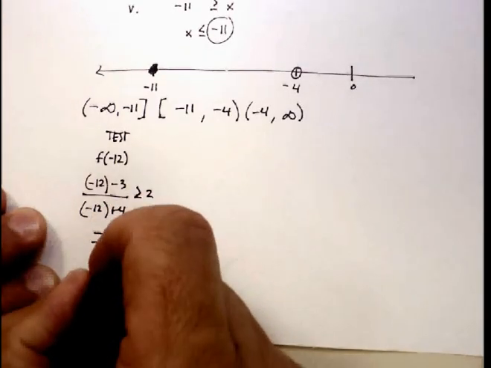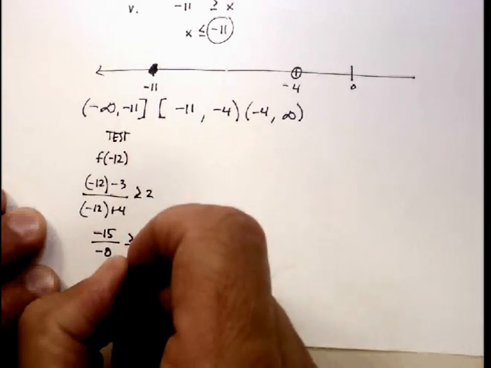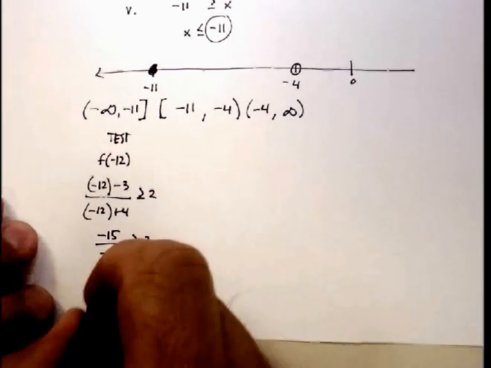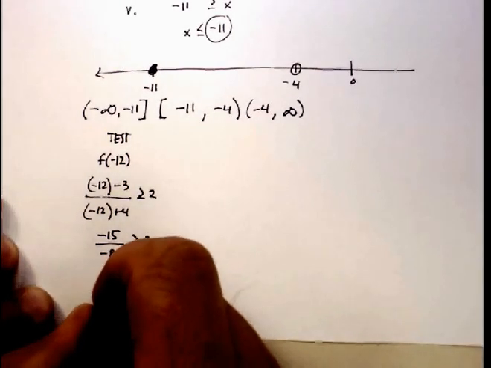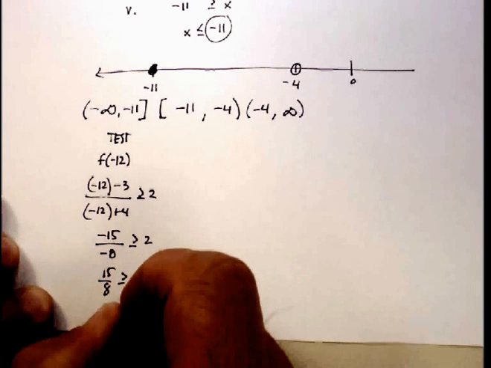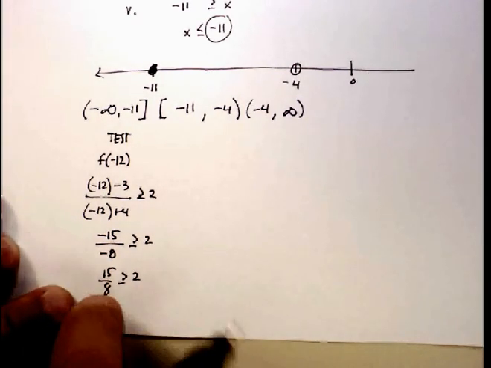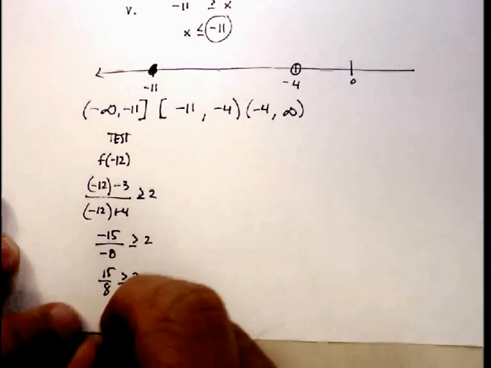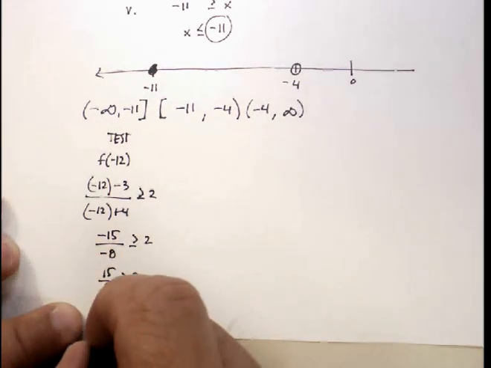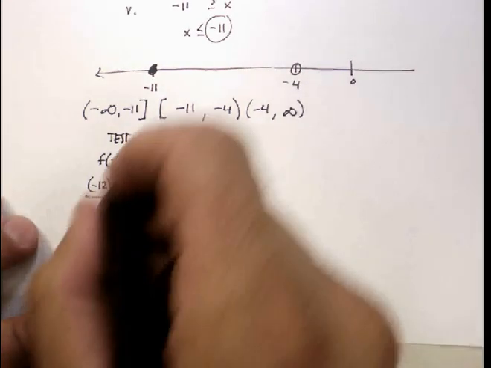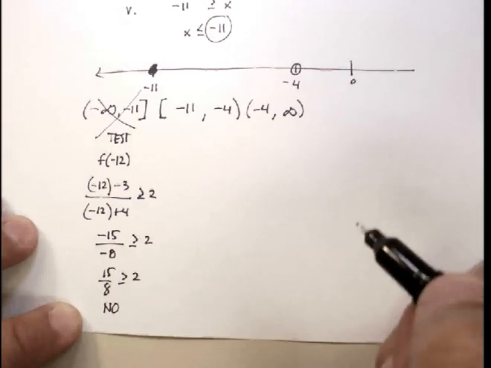Negative 15 over negative 8. That's actually going to turn out to be 15 over 8, greater than or equal to 2. Is that true? No, it's not, because that's actually like 1 point something, and 1 point something is not greater than 2. So the answer is no. This region will not work.